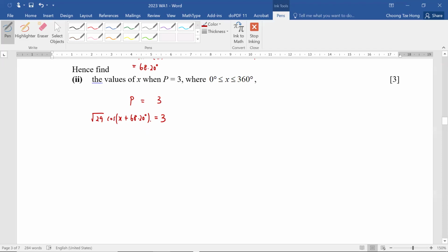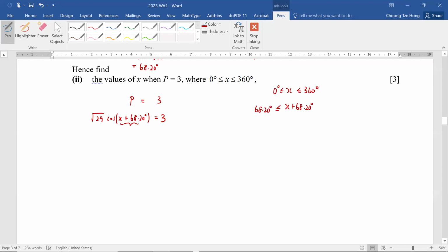Whenever you want to solve a trigo equation, you need to adjust the range. The angle here is x plus 68.20, so we will adjust the range accordingly. The initial range given to us is x greater than or equal to 0, less than or equal to 360. But now our angle is x plus 68.20, so we'll add 68.20 to both sides.